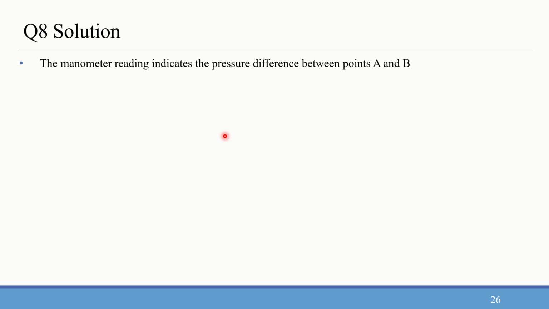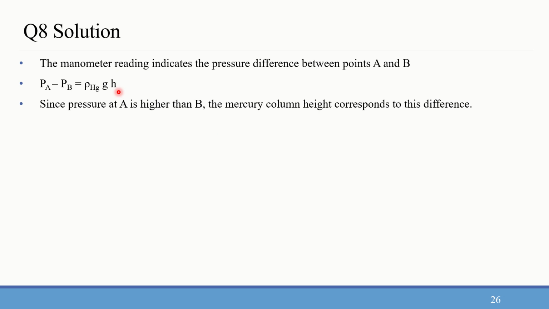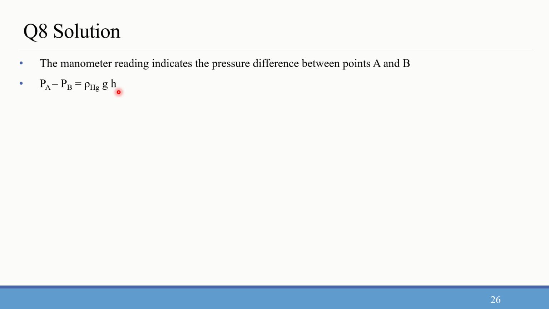So now what we need to do, from the manometer reading we can calculate the pressure difference. PA minus PB is rho g h, and here rho is the density of mercury, so rho Hg, g, and h. h is 0.065, g is 9.81 and rho is 13,600.